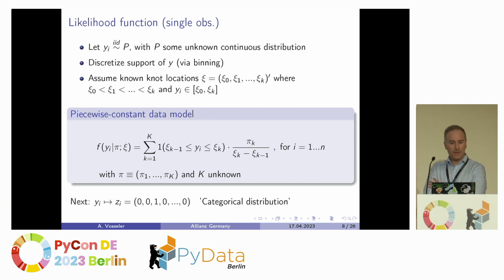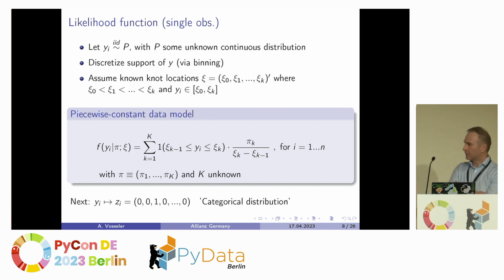So let's assume we have observations which are independently and identically distributed from an unknown continuous distribution. And we somehow want to estimate that distribution. And we discretize the support of the random variable y. So we bin it in some sense. And for simplicity, we assume that the node locations are known at the moment.